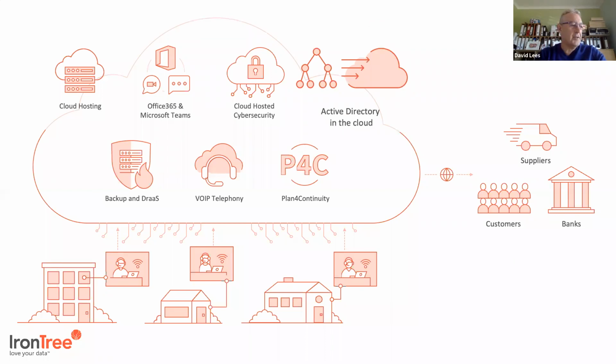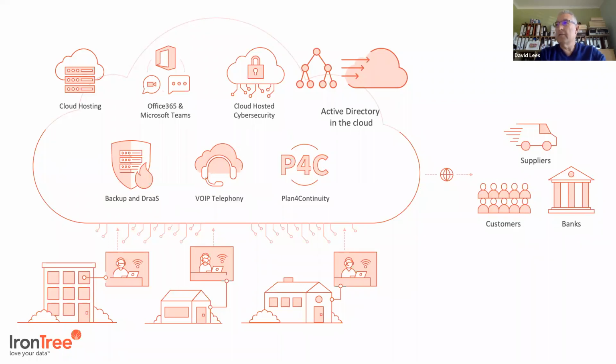So as I usually do when I introduce these webinars, this is now, I think, the fifth in our series. This series of webinars is really about all the elements that you see in the cloud. And this is really a depiction of how IronTree operates. And this is something we set up before the COVID-19 pandemic and before there was any talk of a lockdown. Over the years, we've been moving all of our technology into the cloud.